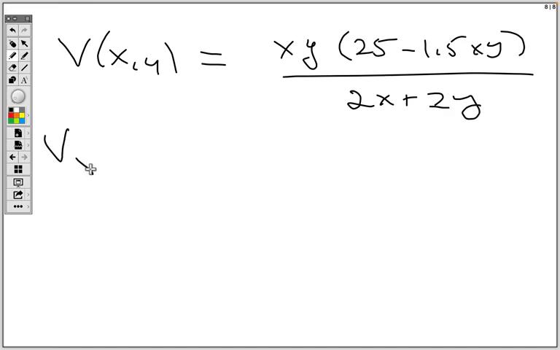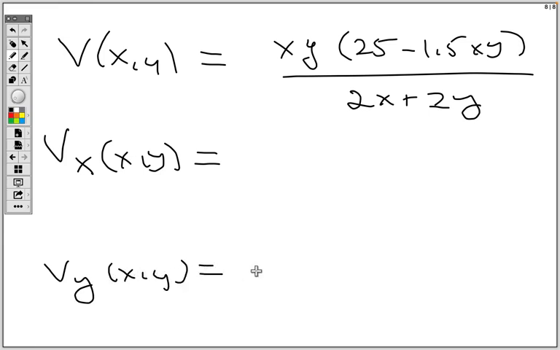And so we needed to figure out the Vx and the Vy. And once we got the Vx, we should be able to get the Vy using symmetry, and our critical points should have such symmetry. So did anyone get the Vx?